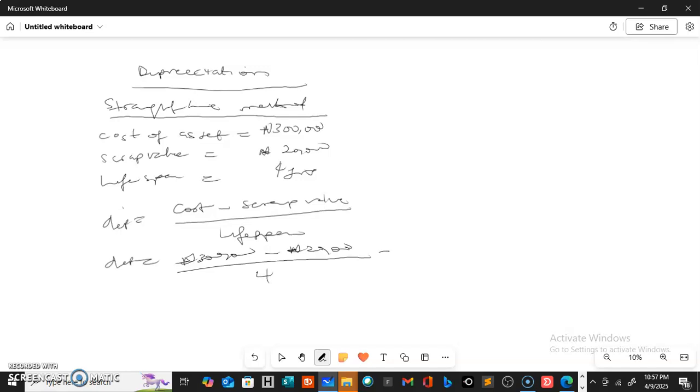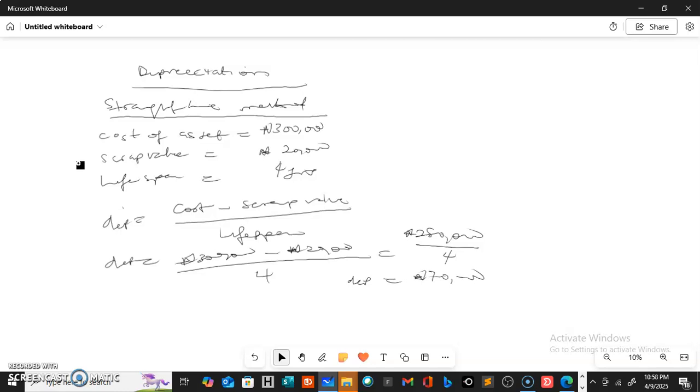At the end of the day, we're left with 280,000 naira divided by 4. In this case, we get 70,000 naira. So this shows that over a period of 4 years, the asset will depreciate by 70,000 naira per year.